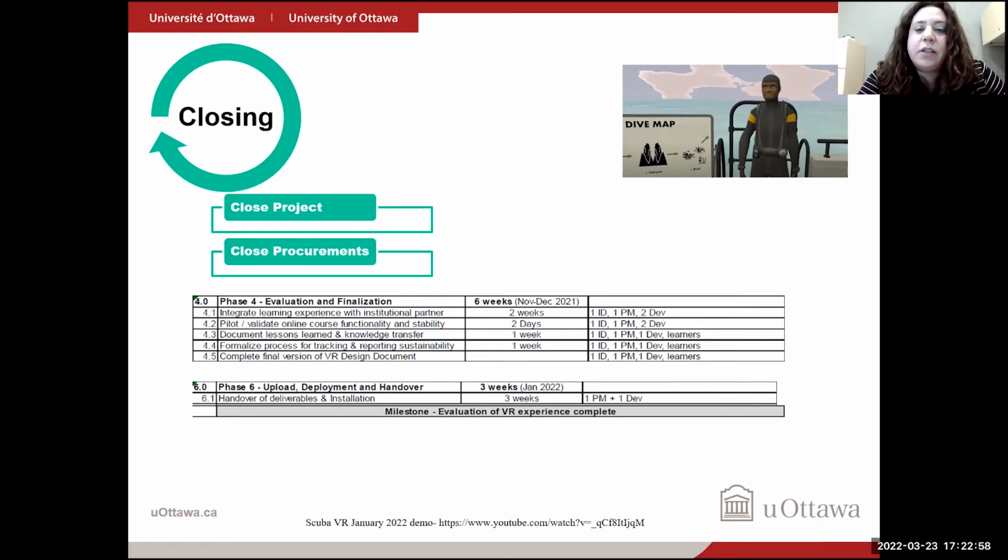You want to make sure there are training sessions and user guides that have been created, especially for eCampus, as it ultimately became an open resource for learning for people across Ontario. You want to make sure they know how to get the application installed on their own headsets. So there are lots of moving parts that you want to ensure are included with handover.